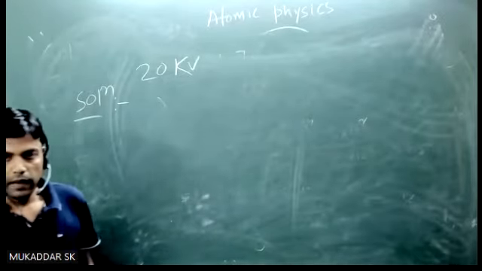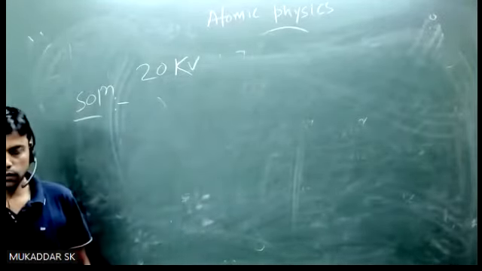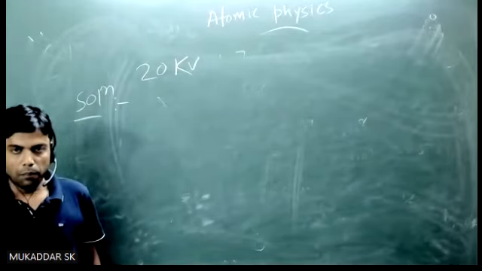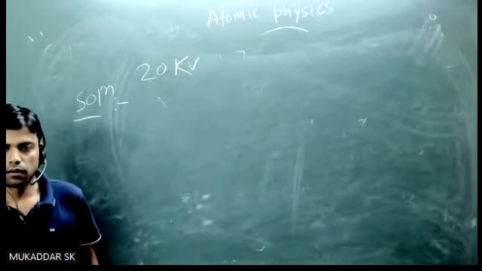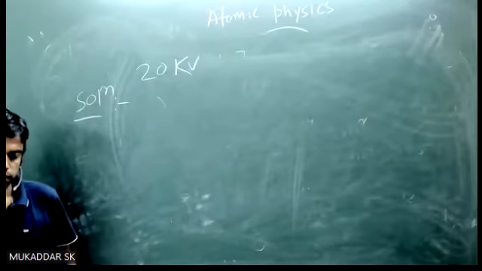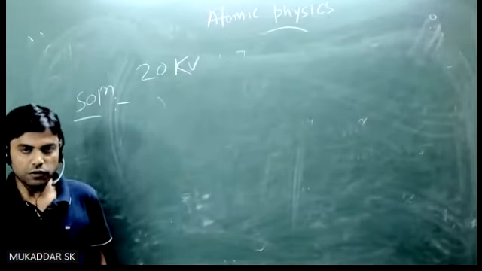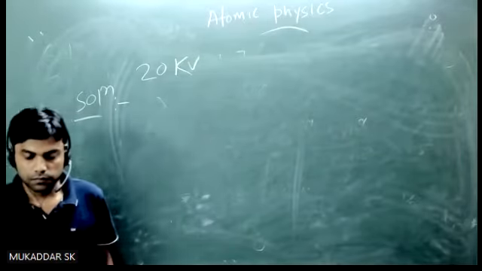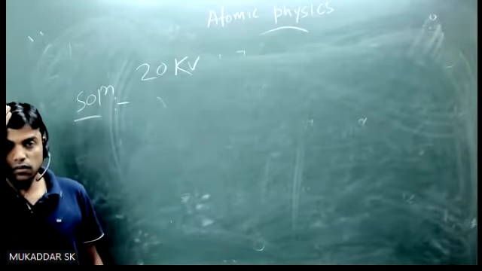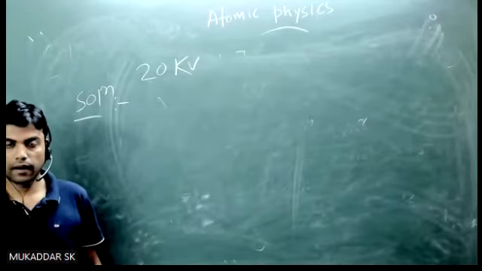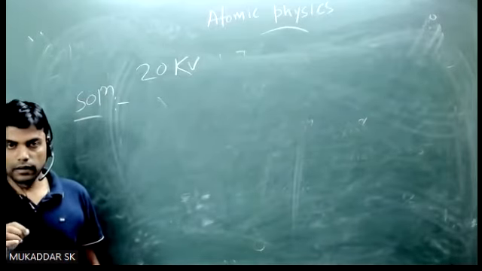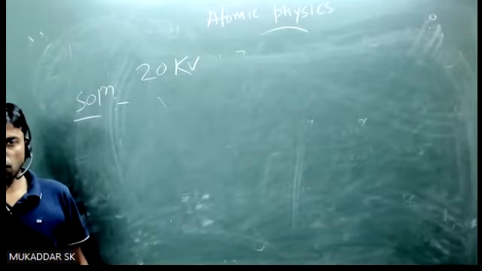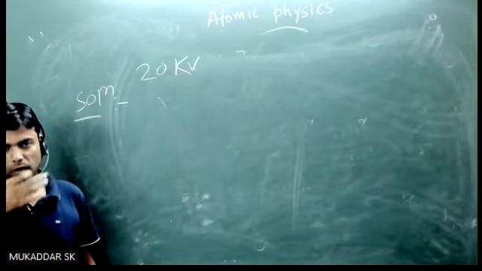Calculate the magnetic moment produced by electron that is rotating in the nth orbit of hydrogen atom. So what you have to calculate?